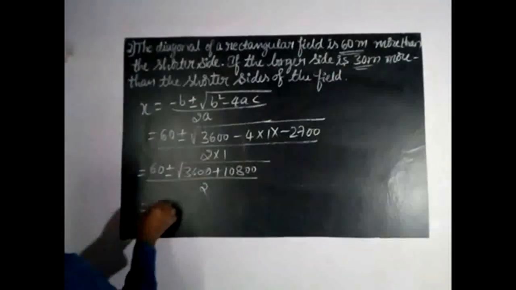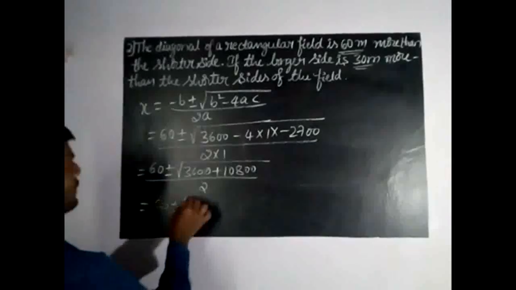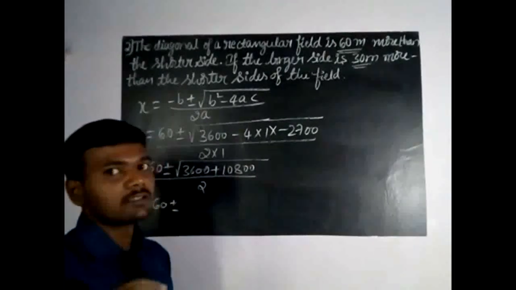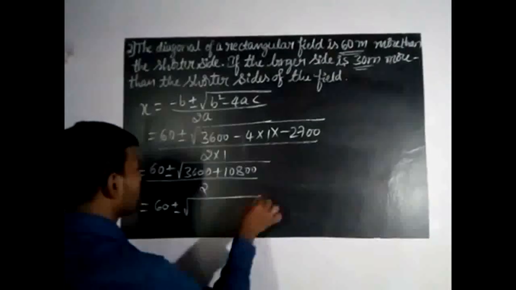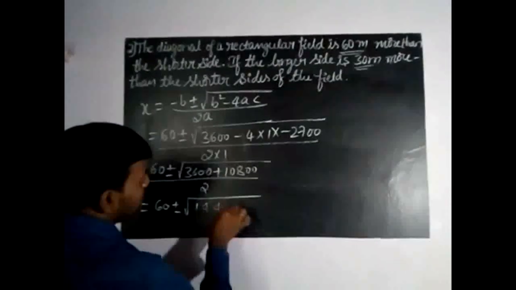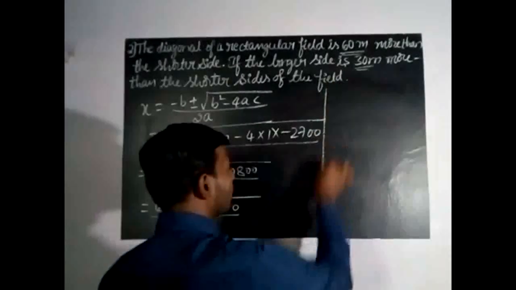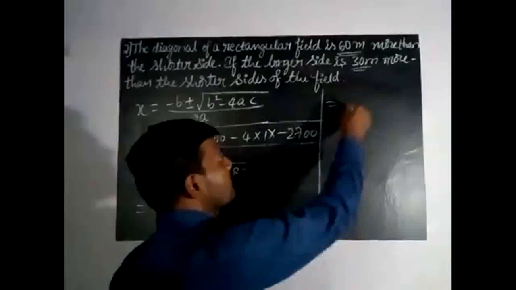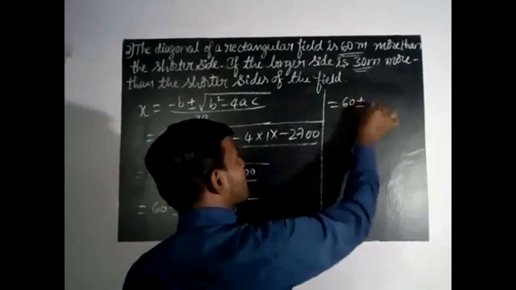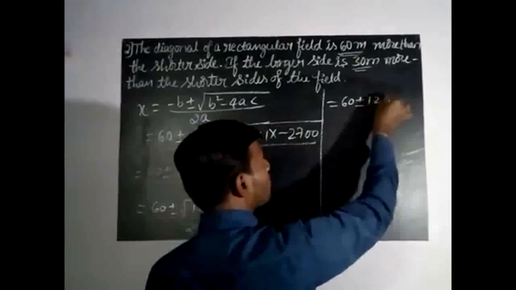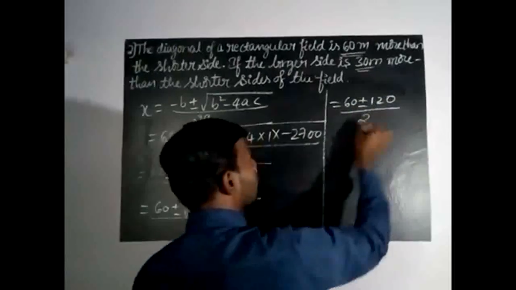What will you get? 60 plus or minus root of 3600 plus 10,800, it becomes 14,400, all divided by 2. The square root of 14,400 is 120.